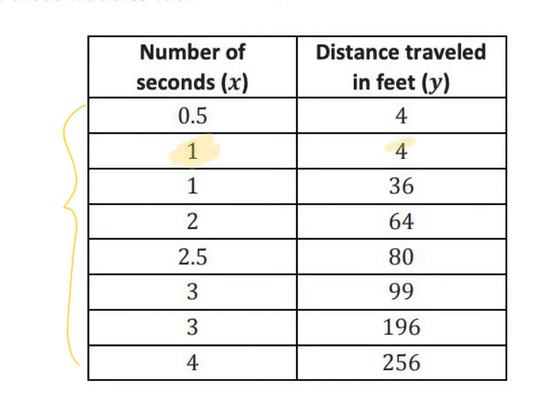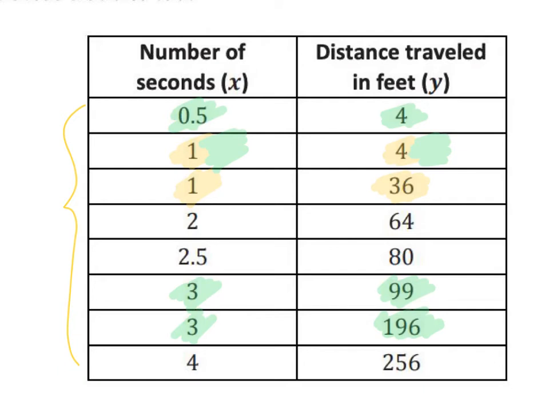It says that 1 goes to 4, but then it says 1 goes to 36, okay? It says that 4 feet goes to 0.5, and 4 feet goes to 1. And then we have a couple down here that also have 2 values assigned to that 3. So this is what's troublesome here.